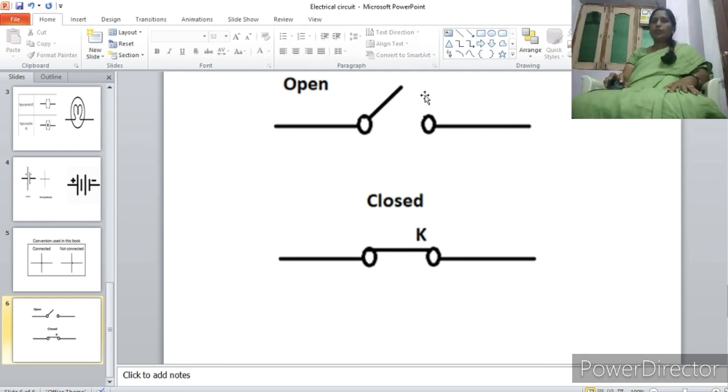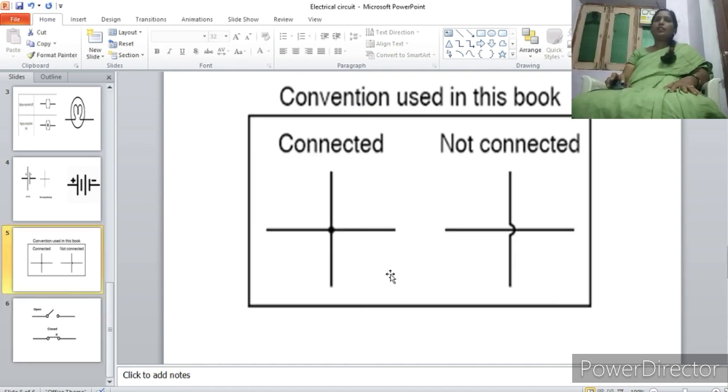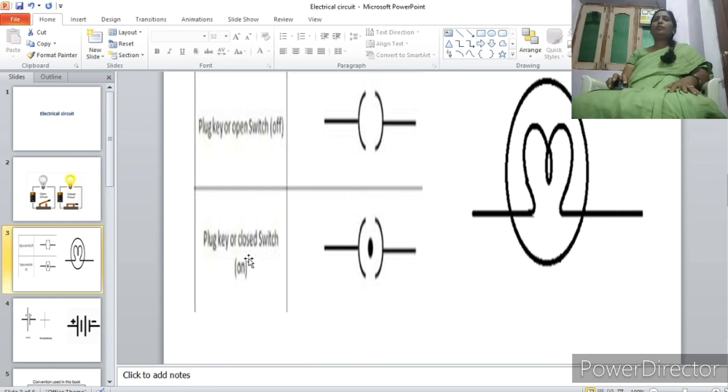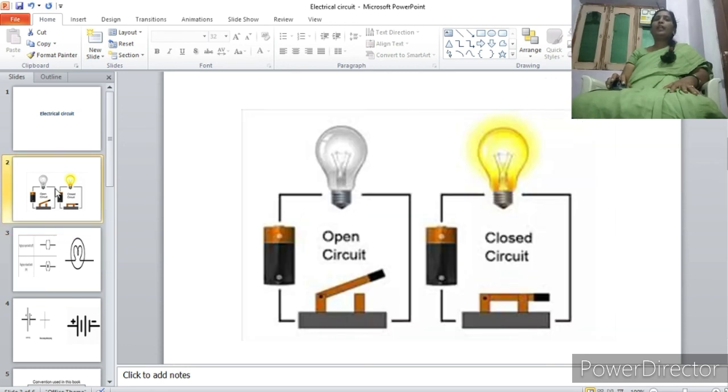In this open condition, open circuit, the bulb will not glow. In a closed circuit, the bulb can glow. Understood, children? So this is the symbol for connecting wires and this is the symbol for not connected and this is the symbol for a bulb and these are the symbols for switch off and switch on.